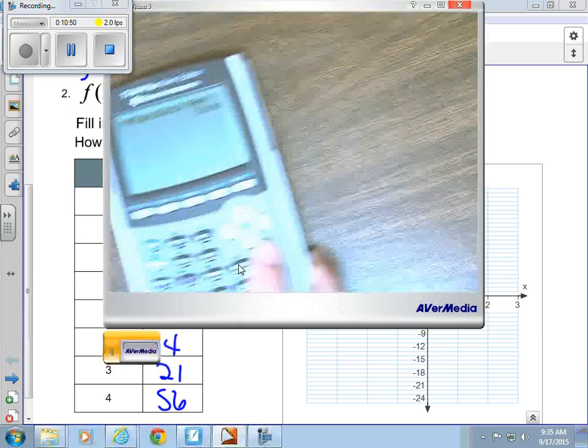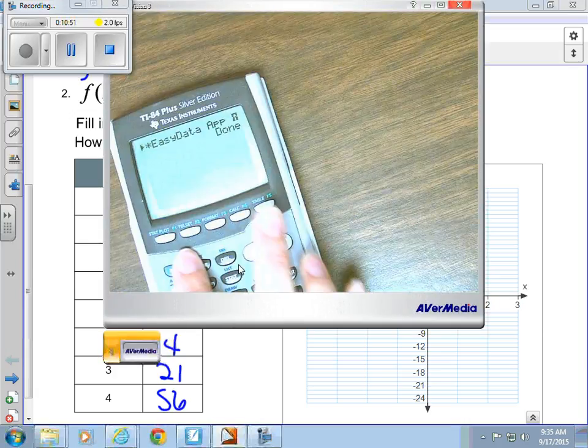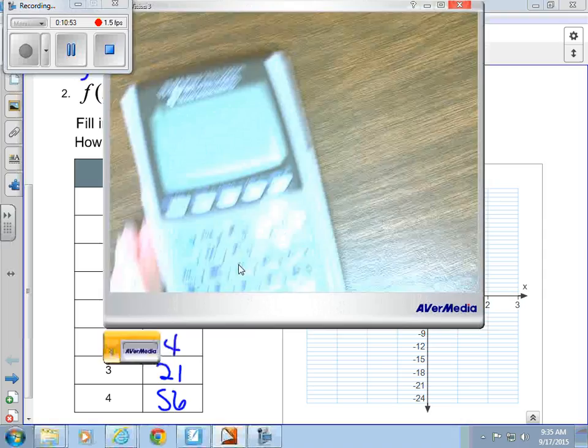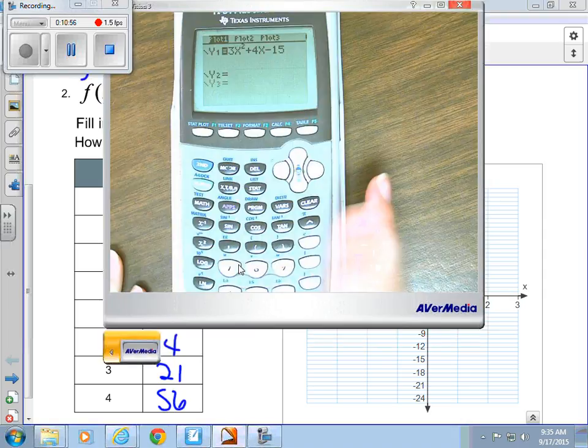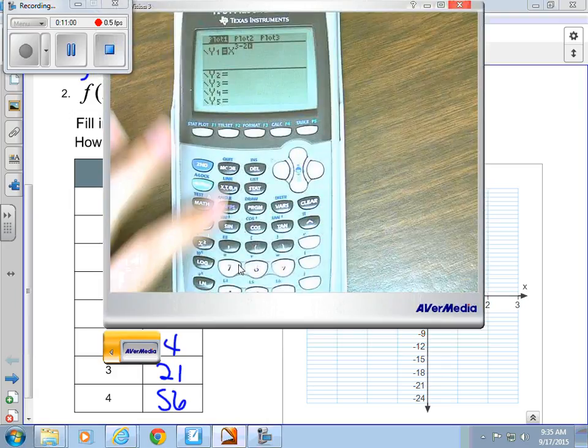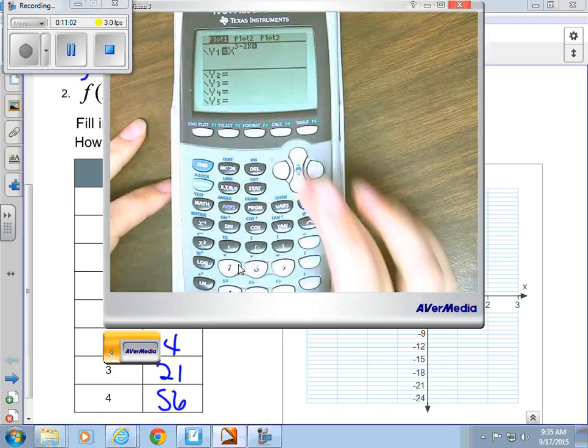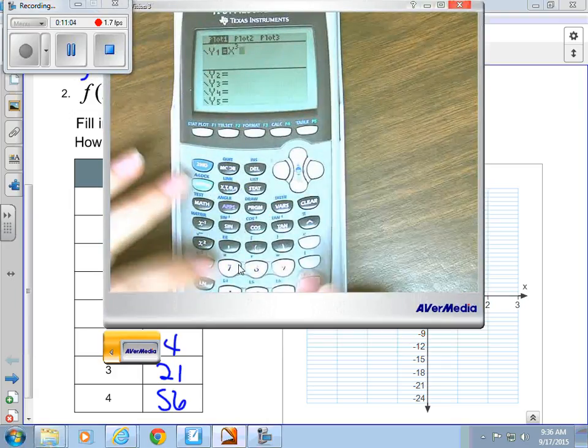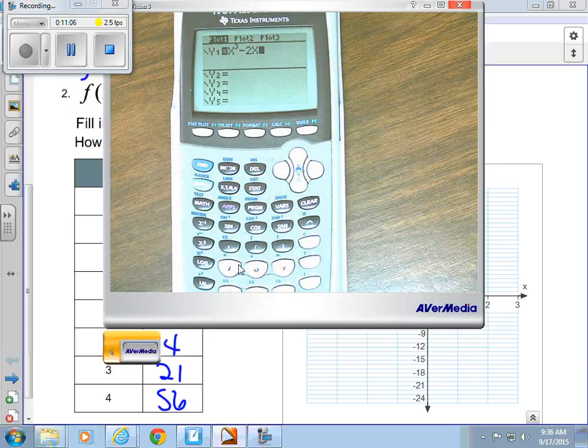This is going to be a nice little calculator trick for you. Yep, use the table. x cubed minus 2x in y1.